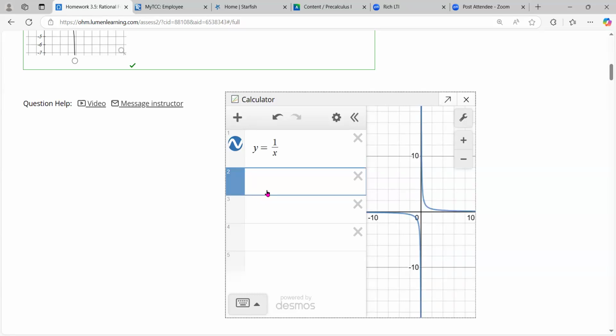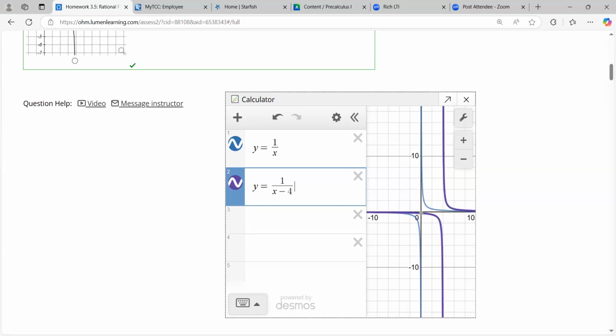Actually, with the graphing calculator this is basically not a challenging problem at all, because you can just type 1 over x minus 4 and then plus 1.